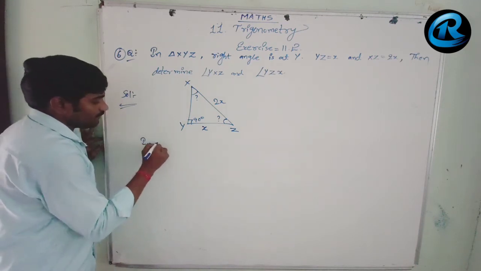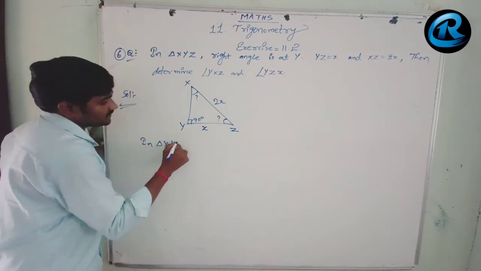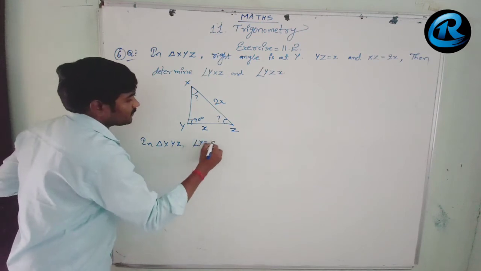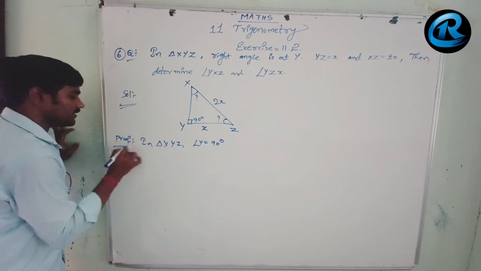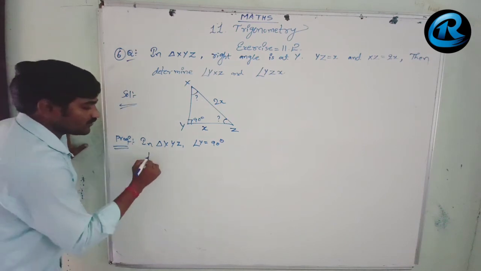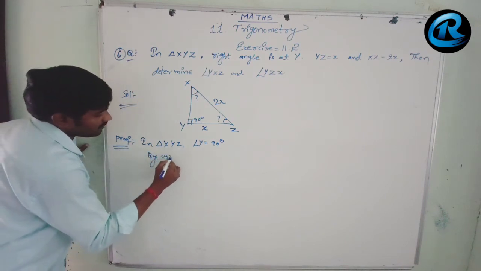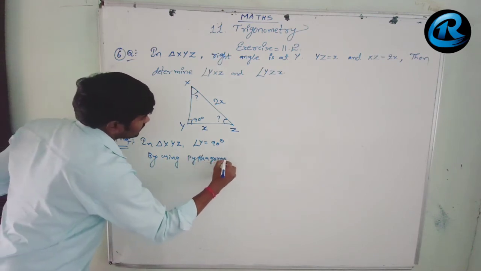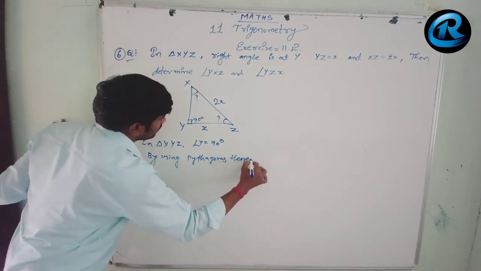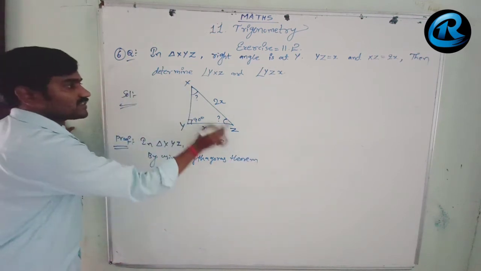In triangle XYZ, angle Y equals 90 degrees. You need to write the given data. So by using the Pythagoras theorem, what can we write?